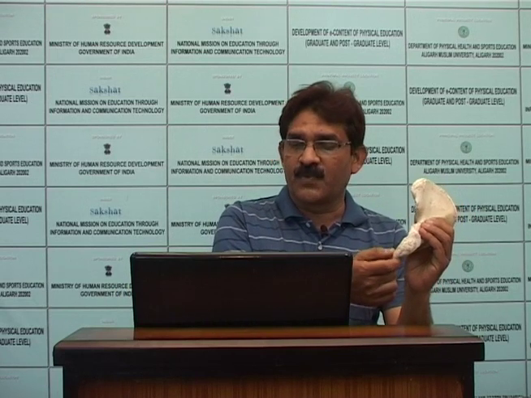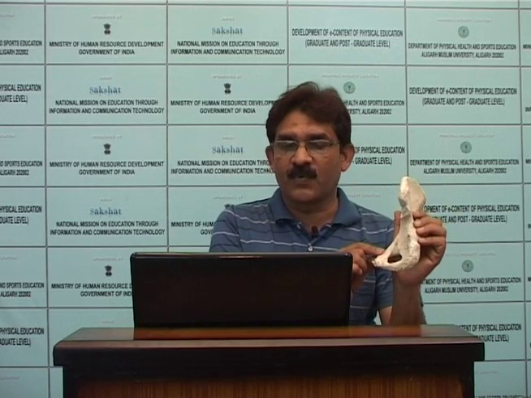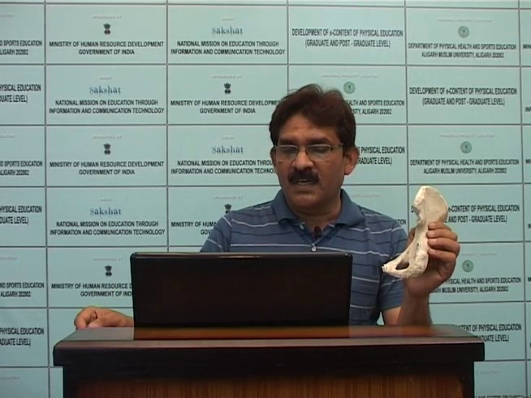This is the pubic ramus, ilium, ischium and this is the pubis. The body of the ilium forms the superior two-fifths of the acetabulum.